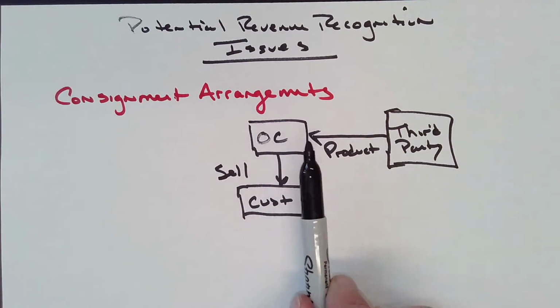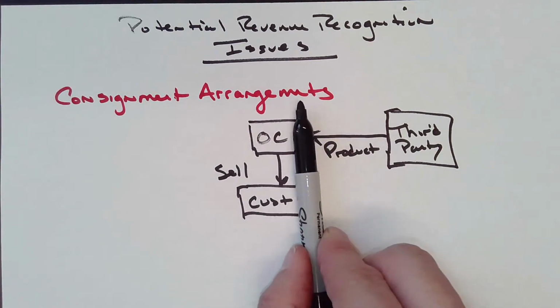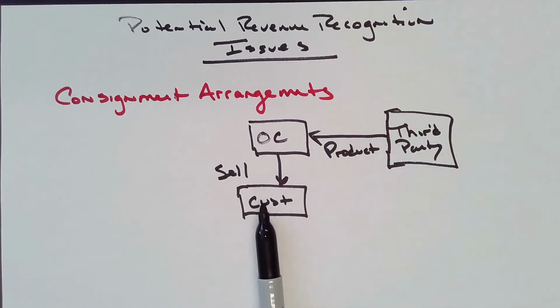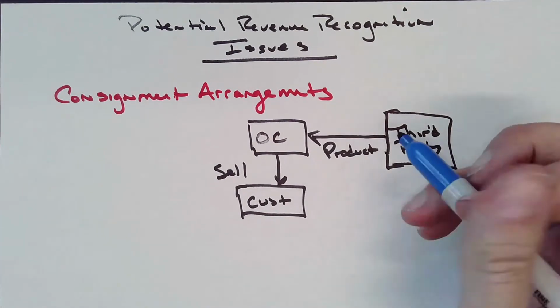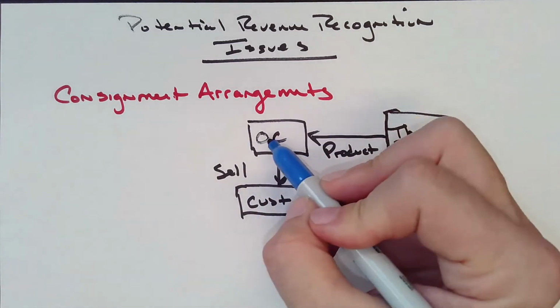What a consignment arrangement is, we're really acting as an agent for the third party to sell to the customer. Theoretically, this third party could directly sell to the customer and cut us out.